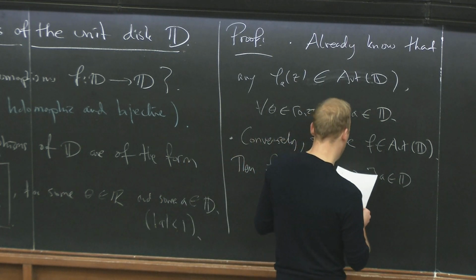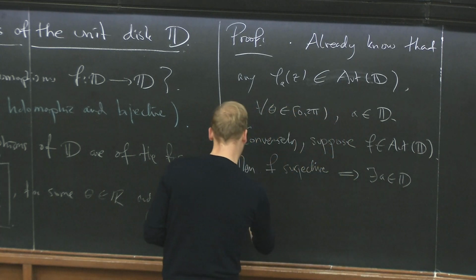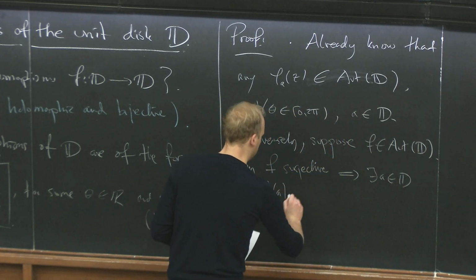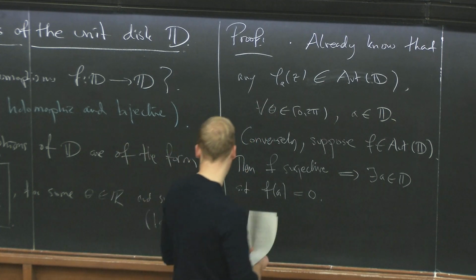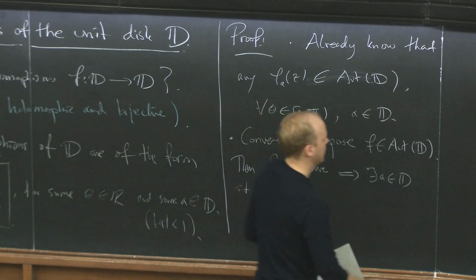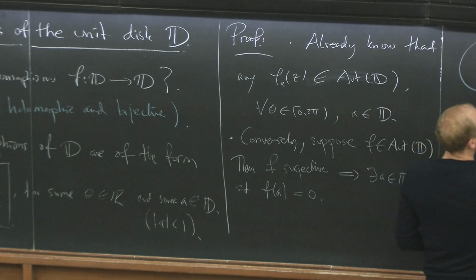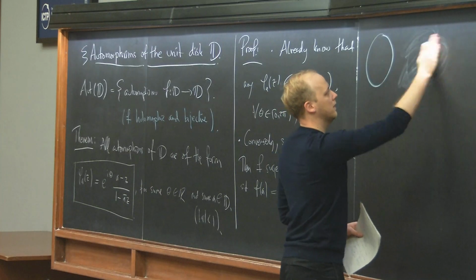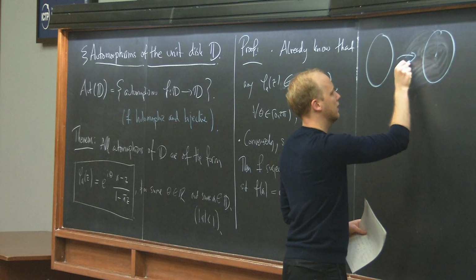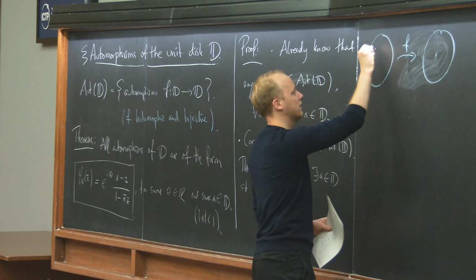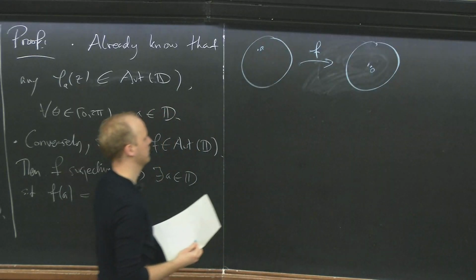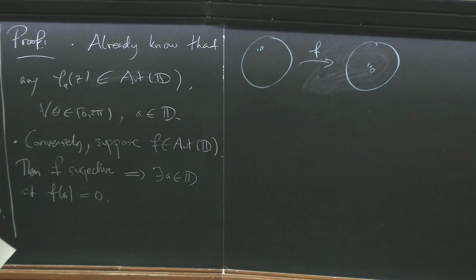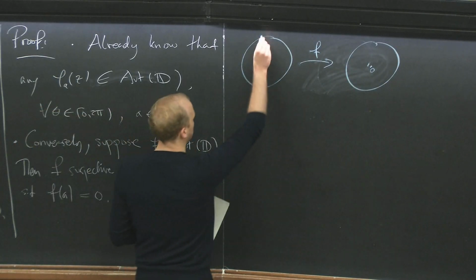Okay. This is of course easy: you have some bijection here from a disk, so you can find some A that maps to 0. This is always possible.